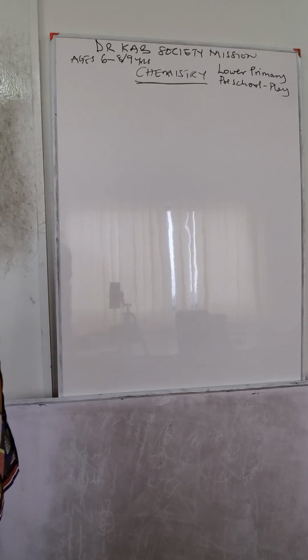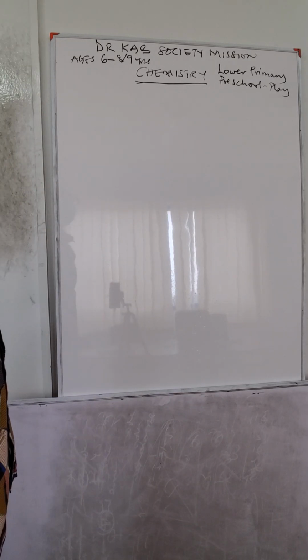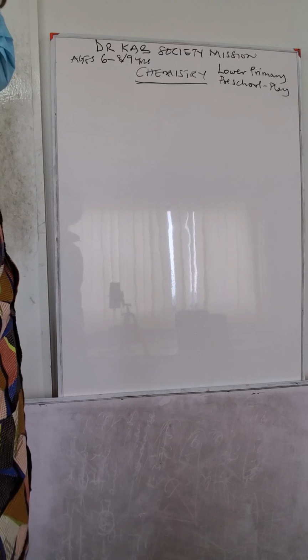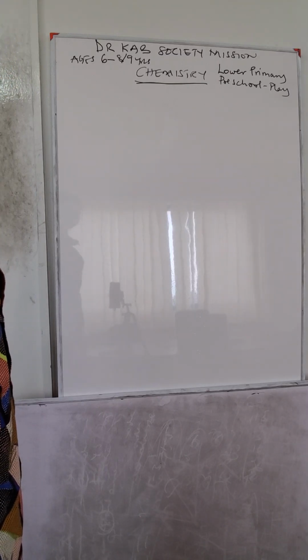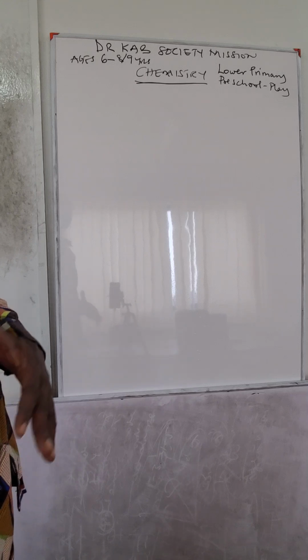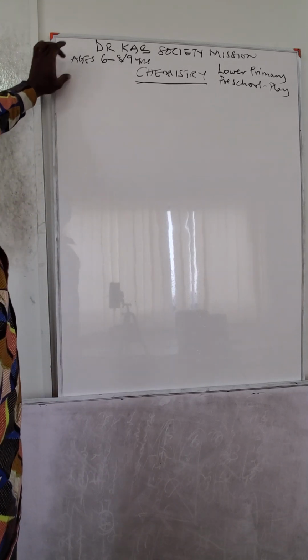That's lower primary. So all that we're going to do will be the same topics that will be learned at the upper class, in SHS, A level, and the first few years of your tertiary education. We are not leaving any out. Those are the topics that we are going to teach at this level.